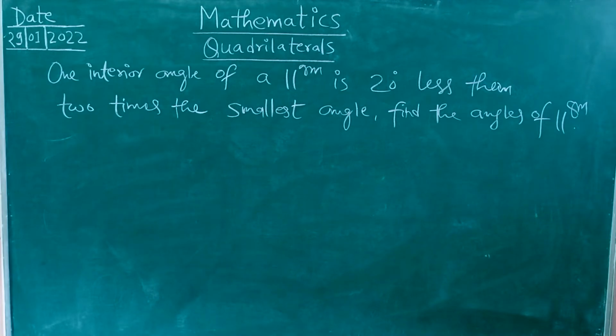Try it by yourself. Is it visible to all of you? One interior angle of a parallelogram is 20 degrees less than 2 times the smallest angle. Find the angles of the parallelogram. Okay.